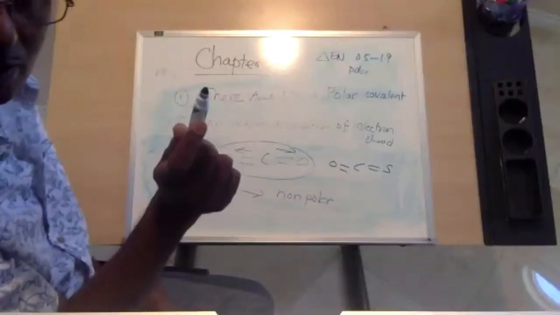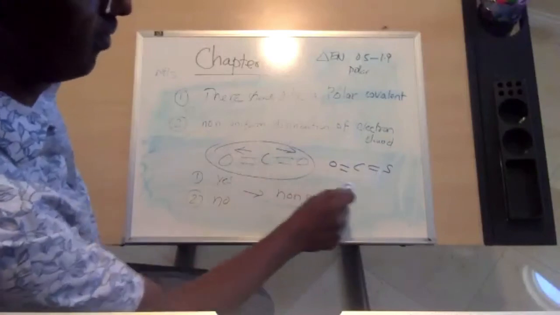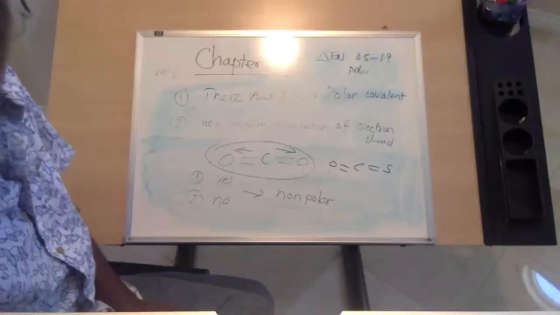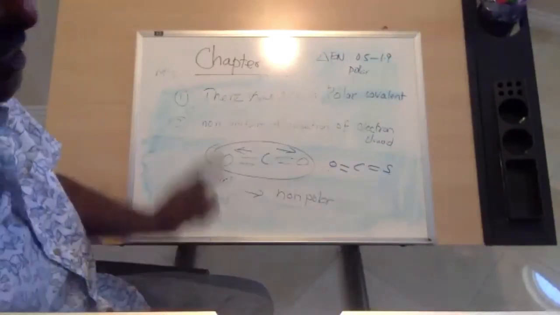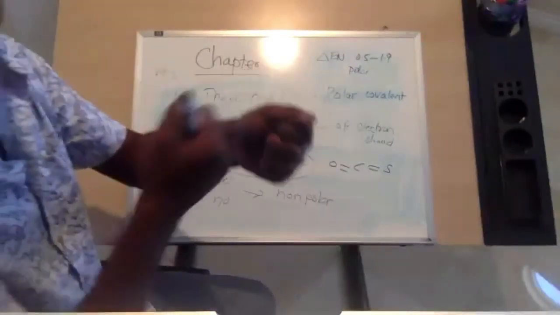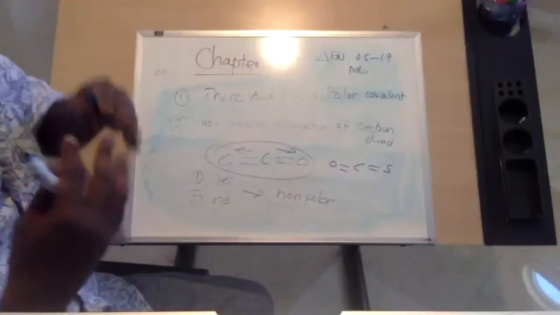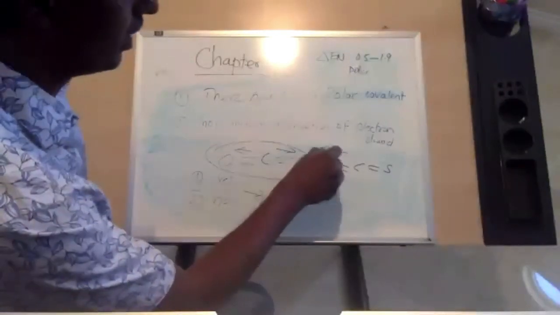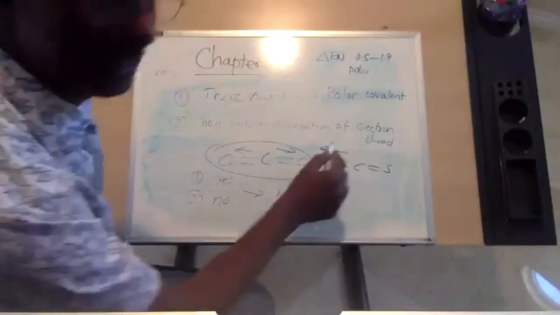Does it match the first criteria? Yes, it does match the first criteria: it does contain a polar covalent bond between carbon and oxygen, and the same for sulfur and carbon. So you see sulfur on the right side, oxygen on the left side. The second criteria is whether there is a uniform or non-uniform distribution of electron cloud. Here, the electron cloud is non-uniformly distributed because the oxygen is pulling more electrons towards its side, as oxygen is more electronegative, whereas sulfur is less electronegative.